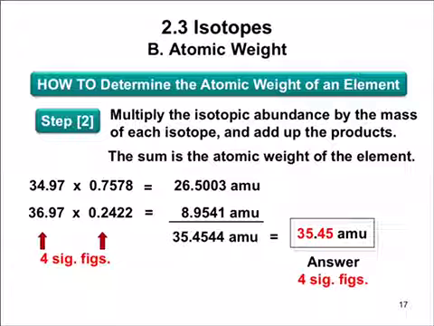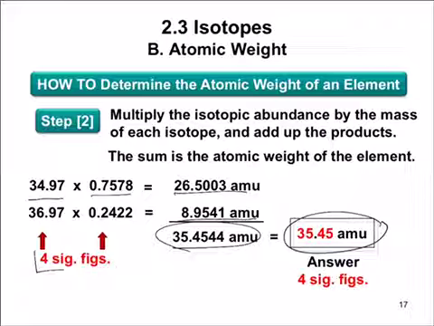So when I take these masses times their percentages, I get 26.5003 AMUs and 8.9541 AMUs, and I add them together. Okay? This is how you do a weighted average. Now, I'm going to round this to 4 sig figs because I had 4 sig figs in my starting position.